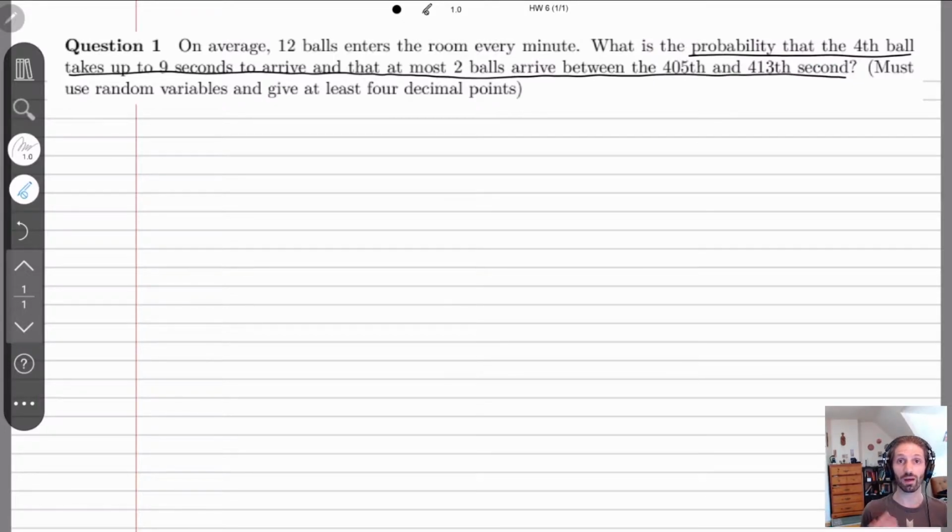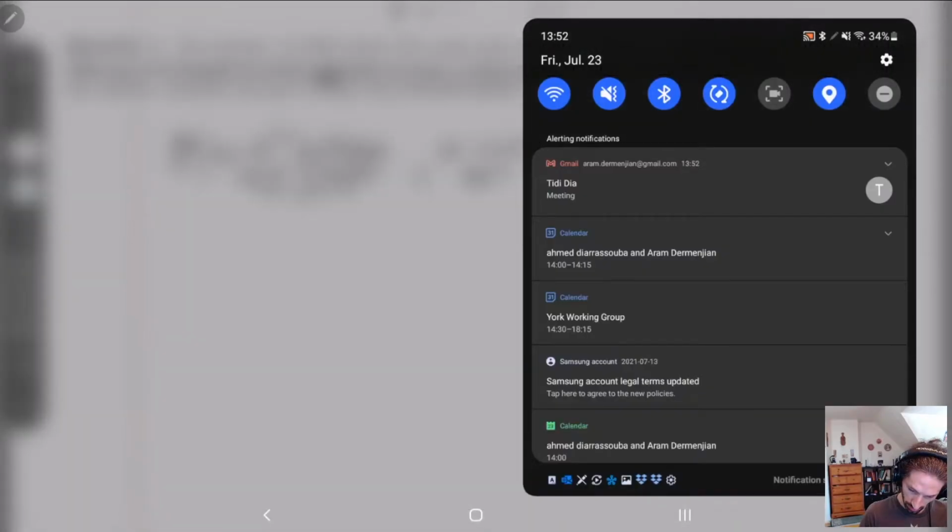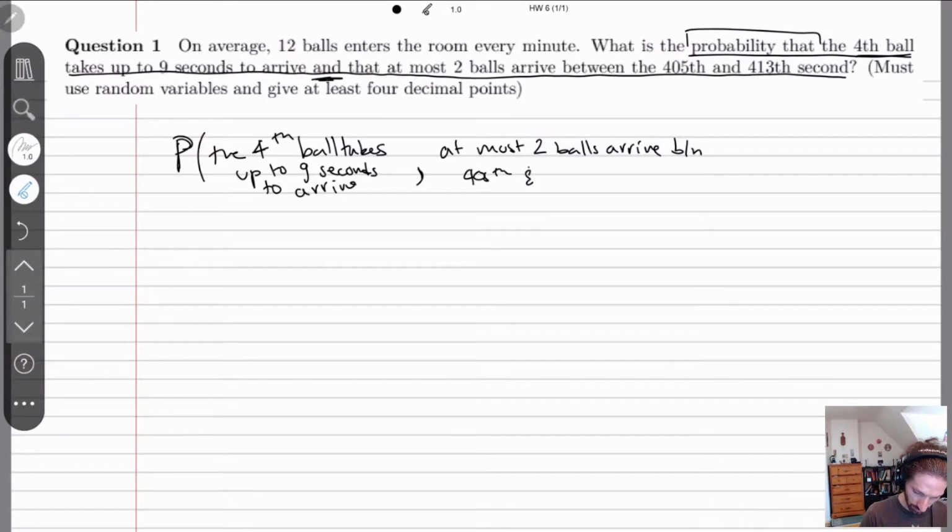If I write this out by events, which is what we had before, I would say the probability that the fourth ball takes up to 9 seconds to arrive, and here we'll use commas instead of intersection, at most two balls arrive between the 405th and 413th second.